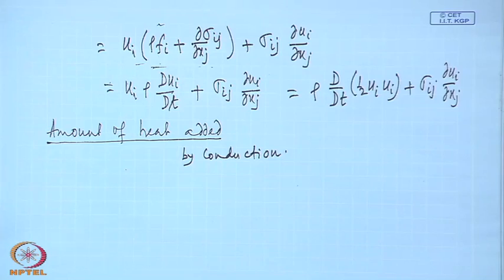How much is the heat flux across a surface through conduction? How much heat can go out from a surface or come in, whatever it is. On what does it depend? Temperature gradient. Temperature gradient, okay, fine.